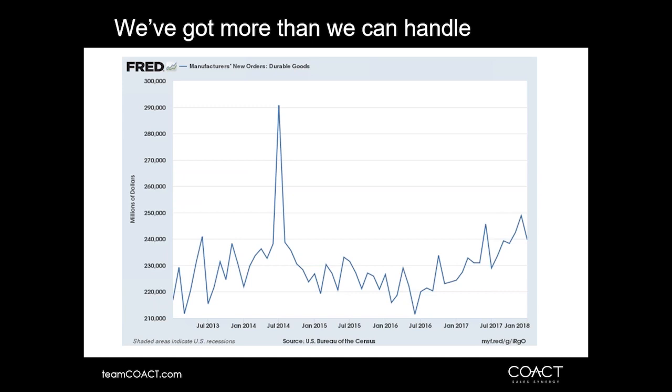So this particular graph is on new orders, durable goods. Those are goods that are intended to have a life of more than 3 years. So these are cars, washers and dryers, dishwashers, machinery, etc. You can see on this report it had a pretty big peak in 14, and 14 was a pretty good year.